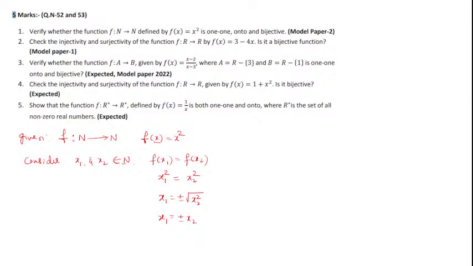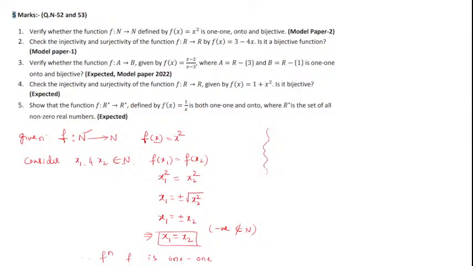Since negative numbers do not belong to my domain set, that is the set of natural numbers, all are positive, this implies I will get x1 is equal to x2, because negative numbers do not belong to the set of natural numbers. So I will consider x1 is equal to x2, right? So now therefore my function f is 1-1 here. My function f is a 1-1 function here.